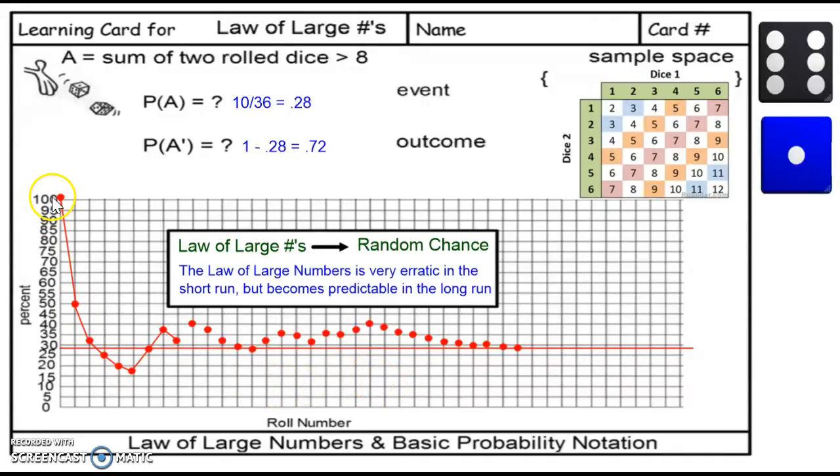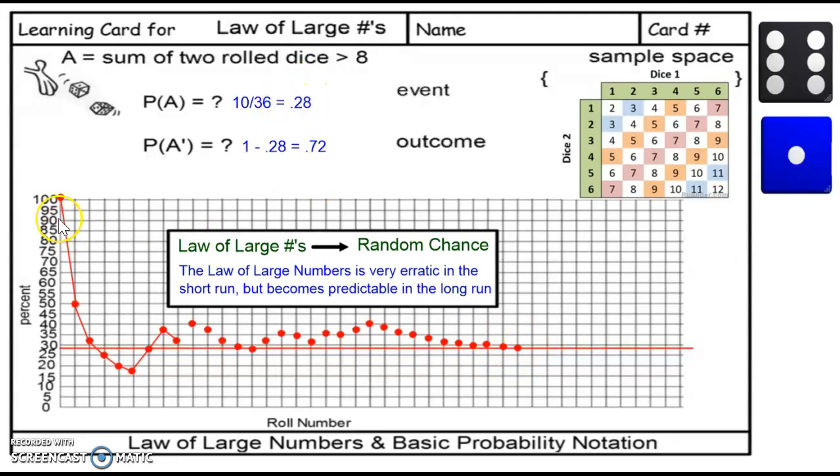But you can see that the law of large numbers shows that the more you run an event over and over again, the long-term outcomes, when you put them all together, will get closer and closer to the theoretical probability.